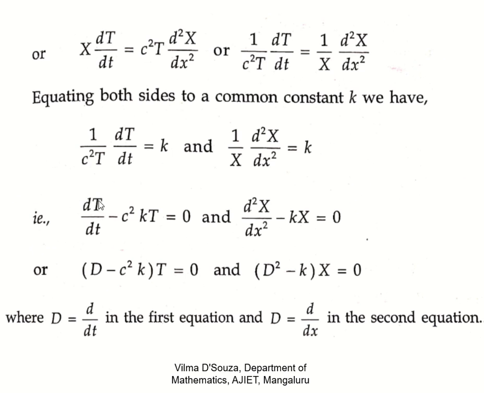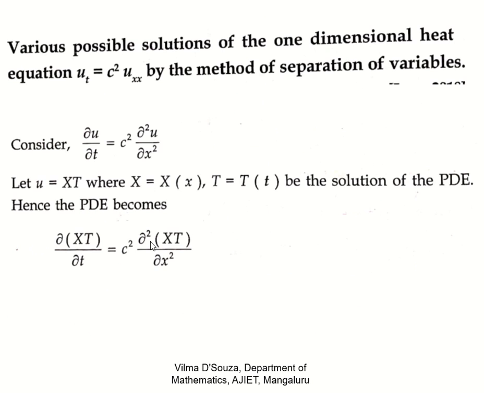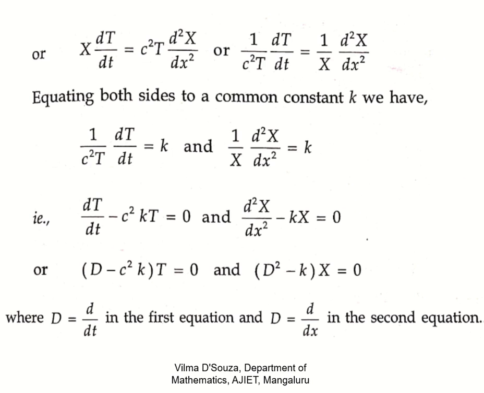What is the right hand side? c square is a constant. Again, when you are differentiating with respect to x, t is a constant. So c square t d square x by dx square.